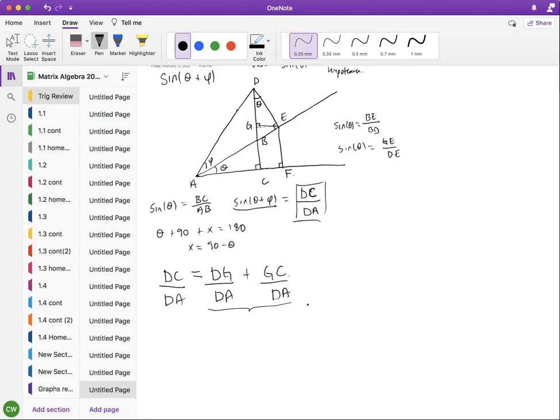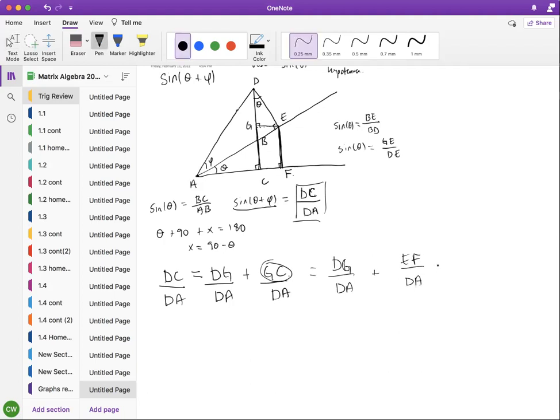One thing we can say is that this GC value is not really nice because it's not part of a triangle. However, this length EF is equal to GC, so we can replace it by EF, which is part of the triangle, so that's a little bit nicer. So we get DG over DA plus EF over DA.